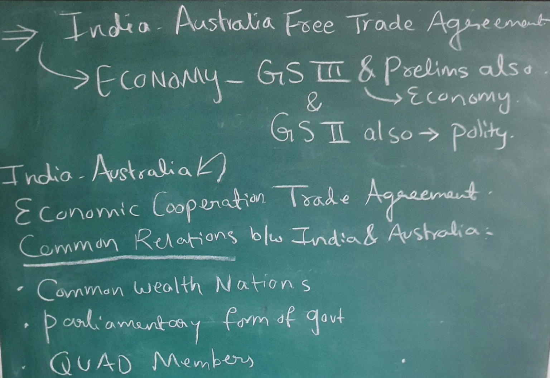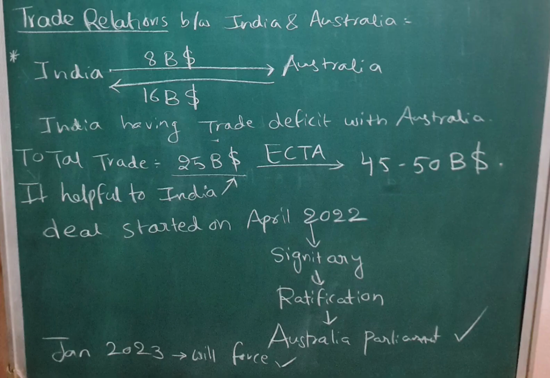How many nations are present in the Quad group? It is 4 countries: America, Japan, Australia and our India. India and Australia are also part of the Indo-Pacific Economic Framework. These are the common relations between India and Australia.